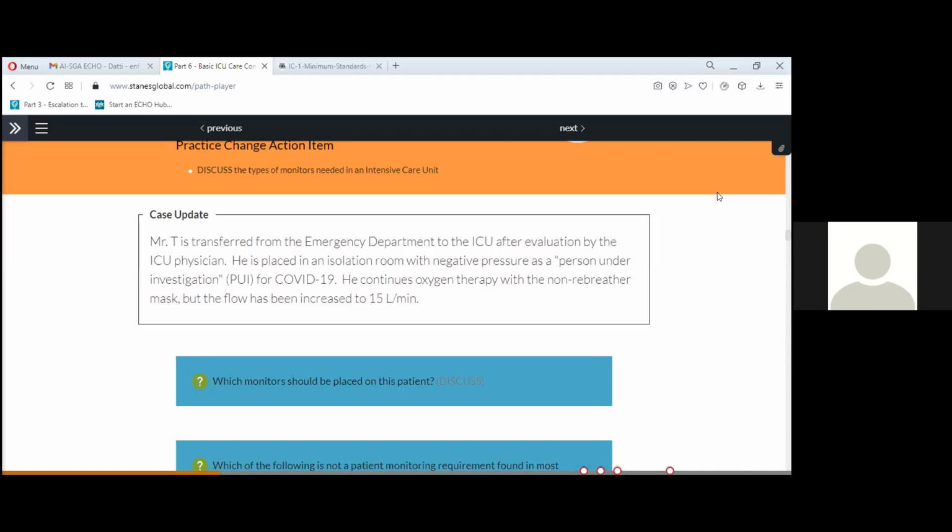So the response we are looking for is monitor. Okay, ECG electrodes, pulse oximeter, non-invasive blood pressure, ECG, capnograph. Okay, somebody said temperature, good. So temperature.